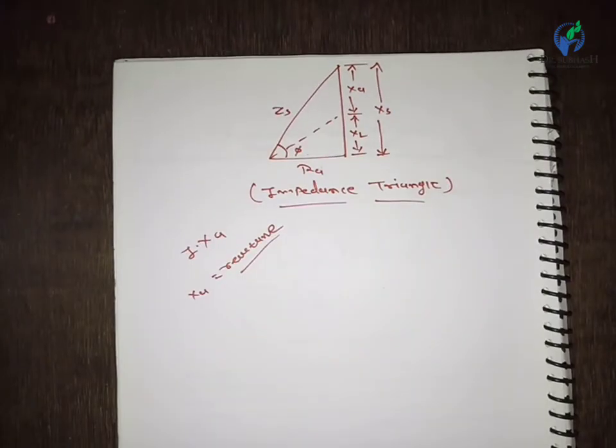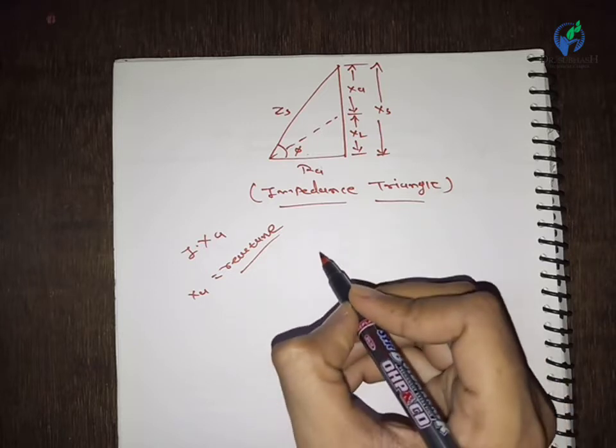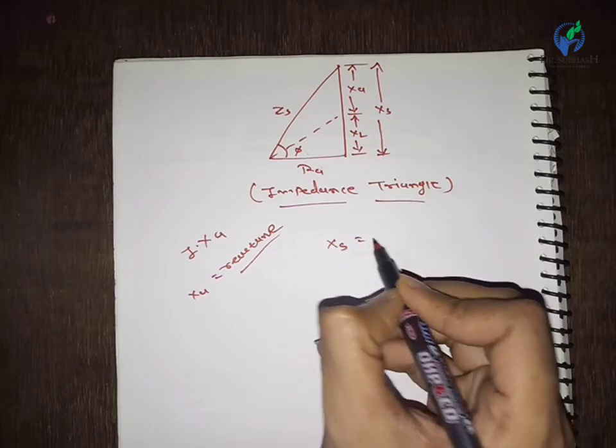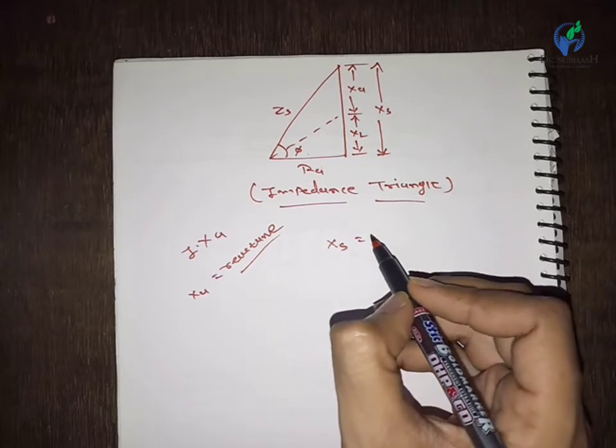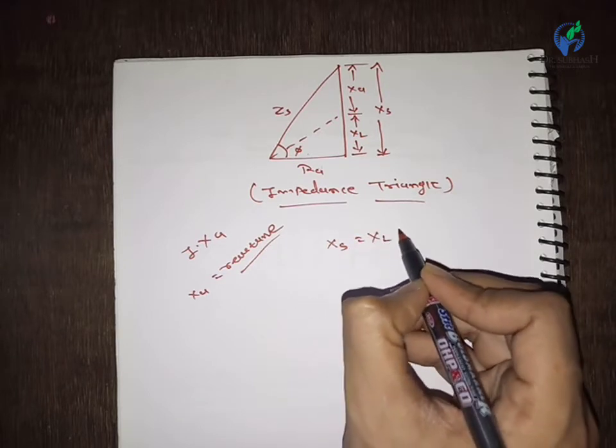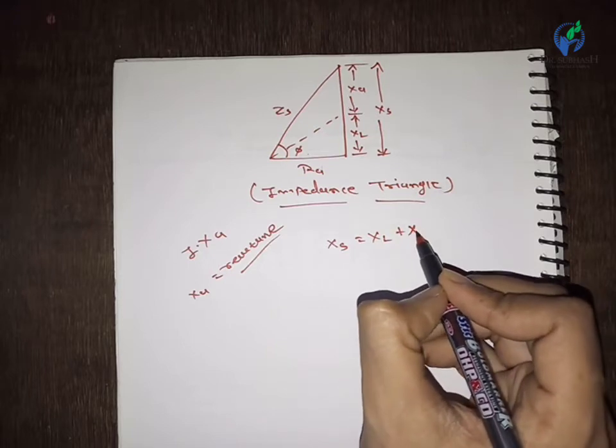The fourth point is the voltage drop due to the synchronous reactance. We know that the leakage reactance XL and the armature reaction reactance XA are combined together, and the combination is called the synchronous reactance. Here the synchronous reactance XS is equal to XL plus XA.